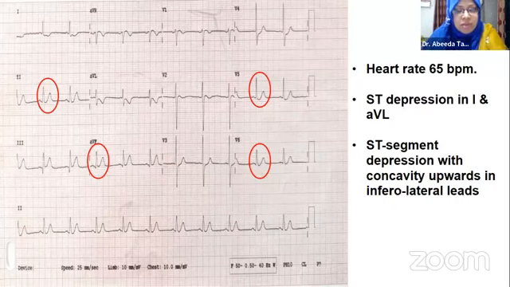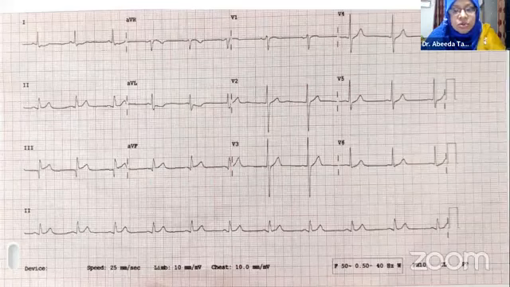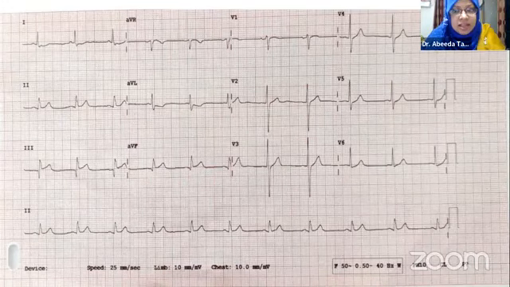This is how the patient presented to us, but within minutes the patient's symptoms aggravated and the ECG changed. So if we see this repeat ECG, we can see that.